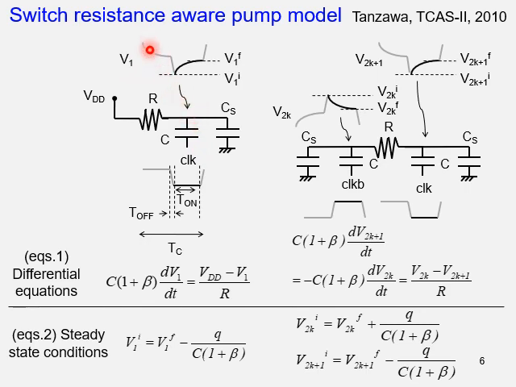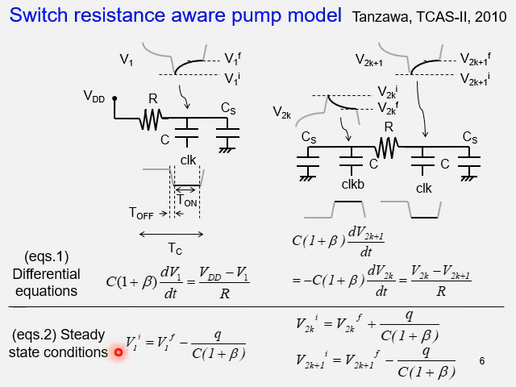V1 has the waveform like this. At this clock edge, this node goes down, then is charged up through the transistor's resistance R. And here I marked V1I, V1T, V1F, which show respectively the initial and final voltage at V1.